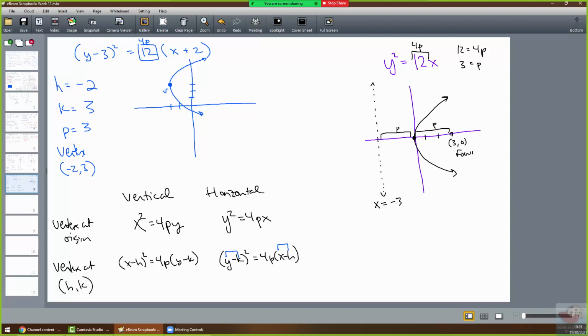Focus is always inside of the parabola. And we move 3 units in the same direction the parabola is opening. So if we're at -2, 3, and we move 3 units to the right, what ordered pair do we end up with?